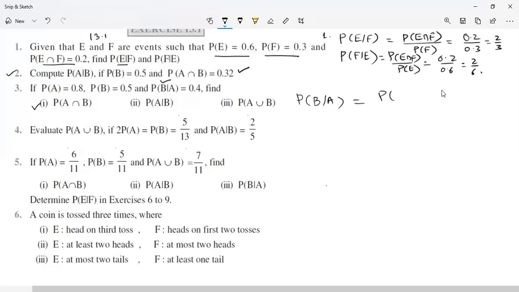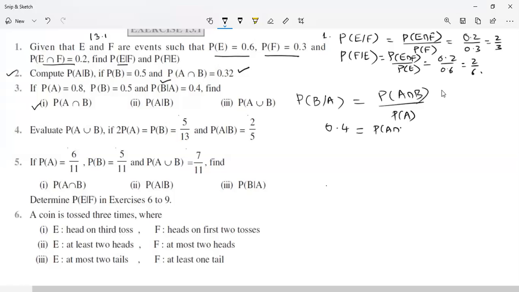Probability of A intersection B divided by probability of A. So probability of B by A is 0.5, and probability of A intersection B we have to find out.